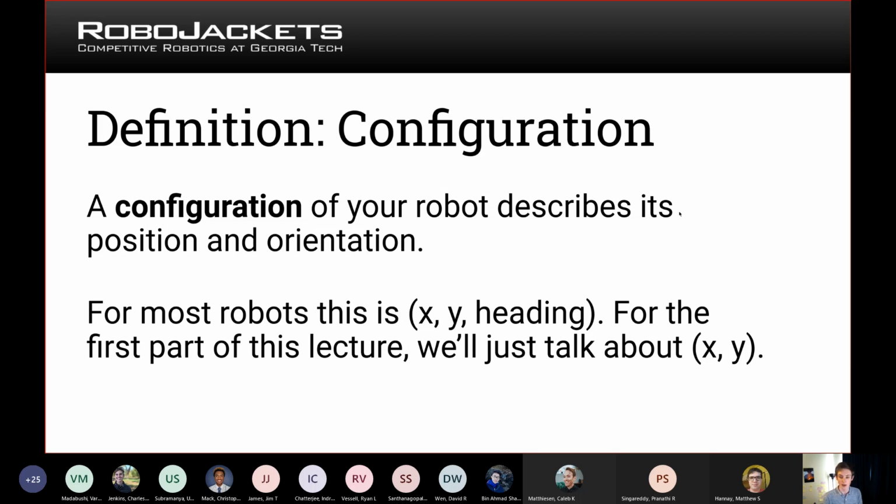So a couple quick definitions. One is configuration, and you guys have touched upon this a little bit earlier when you talked about poses or coordinate transforms, right? You learned a little bit about the position and orientation of a robot, right? That's exactly what a configuration is for us. It's basically just how your robot is oriented relative to the world, right?